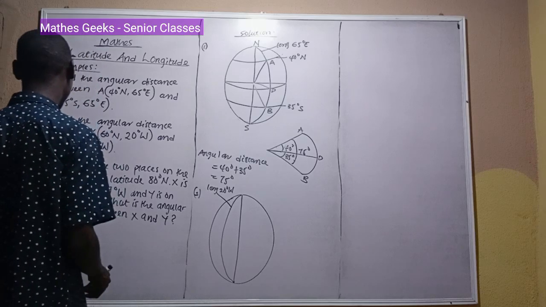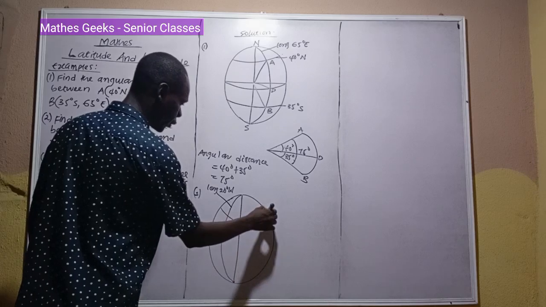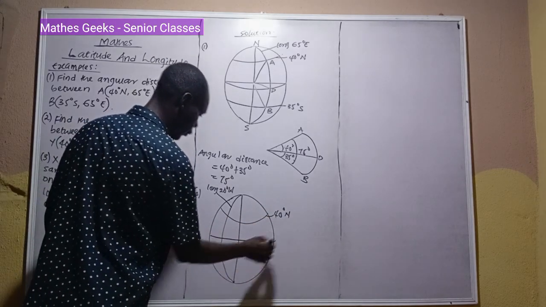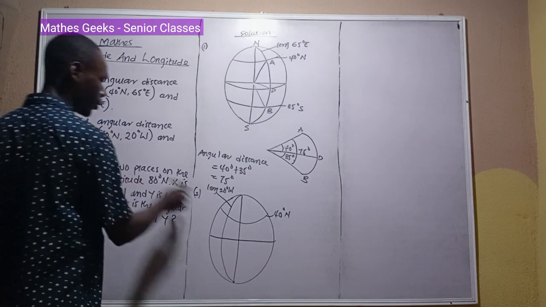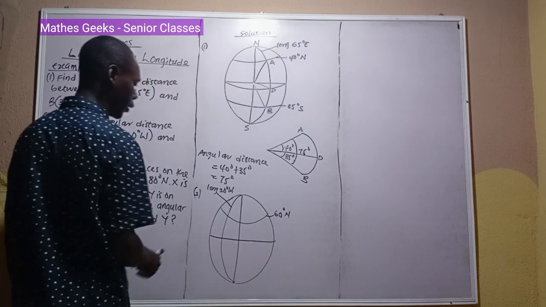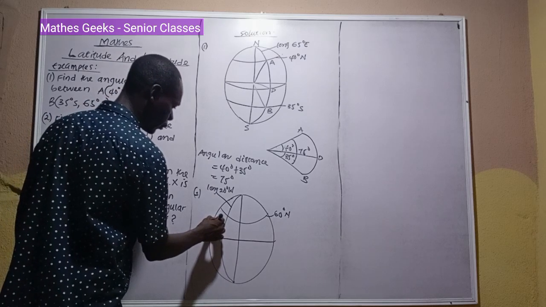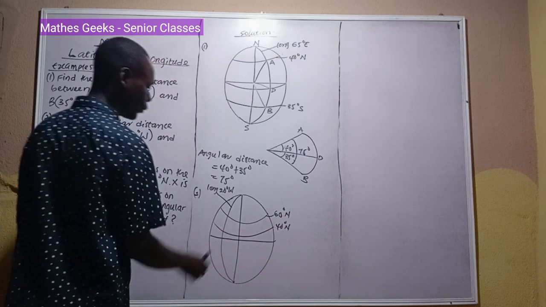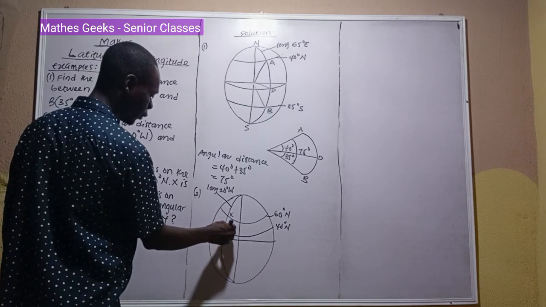So Y is 40 degrees north, and these are the equator. X is 60 degrees north, and Y is 40 degrees north. So this is point X and this is point Y.